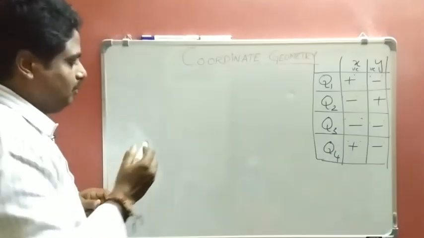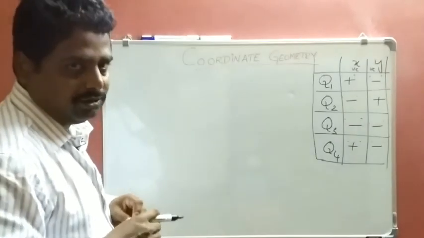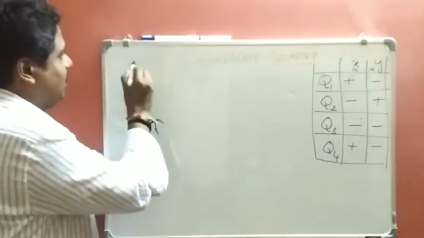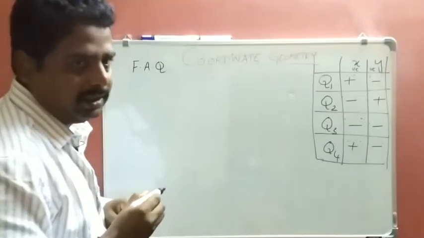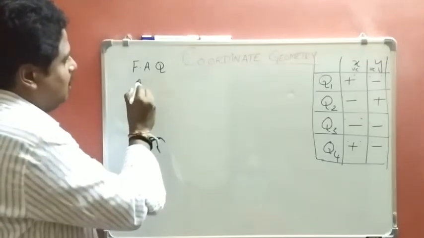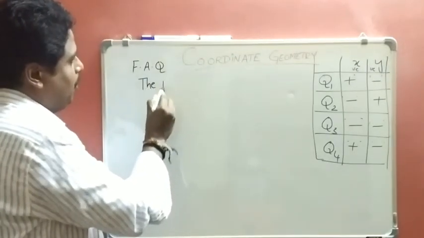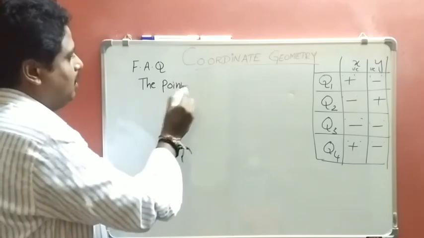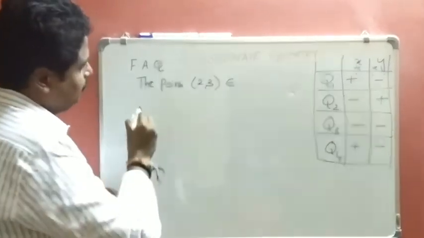Now we can discuss some frequently asked questions for 8th class and 9th class standards. The point (2, 3) belongs to which quadrant?